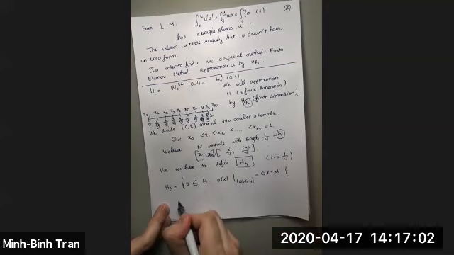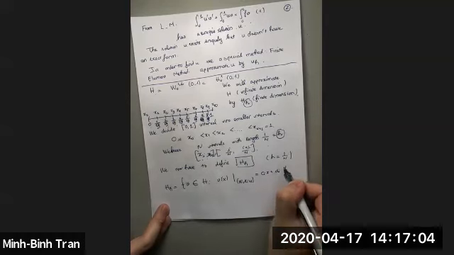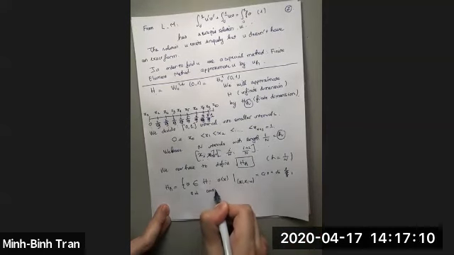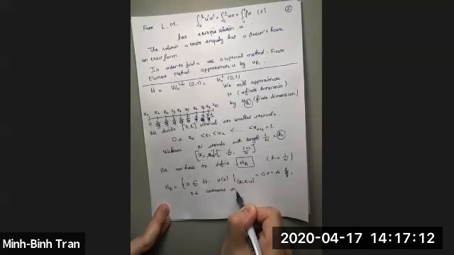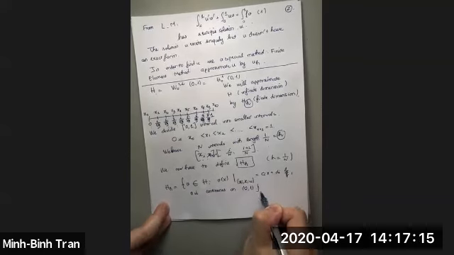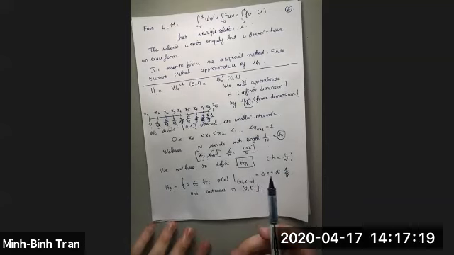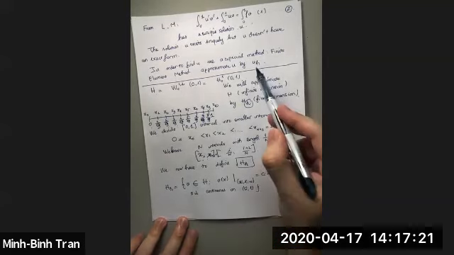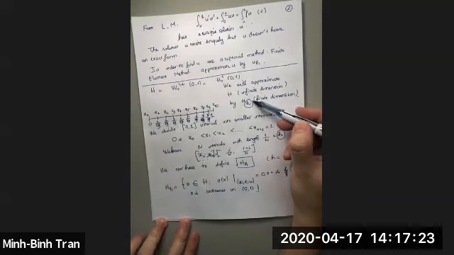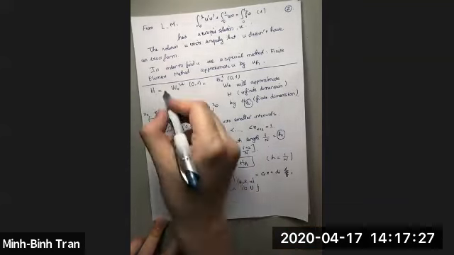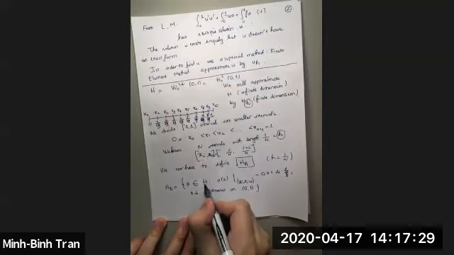And there's another condition: v is continuous on [0,1]. So we define this small h space to be all of the functions v in H. So this H will be H01.